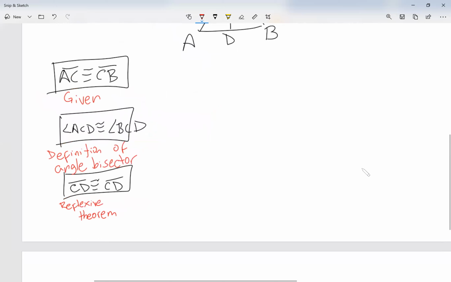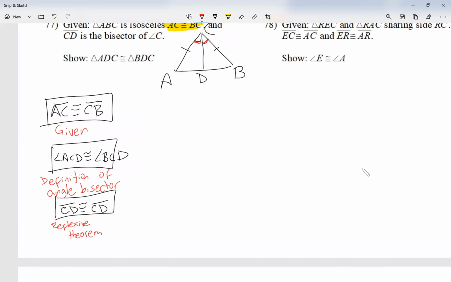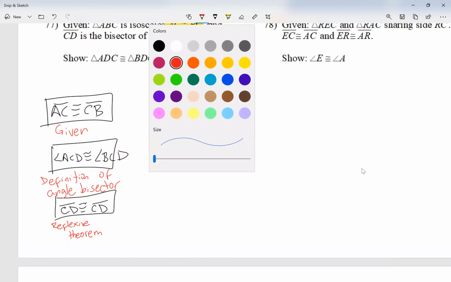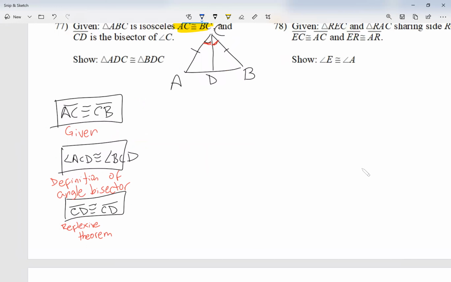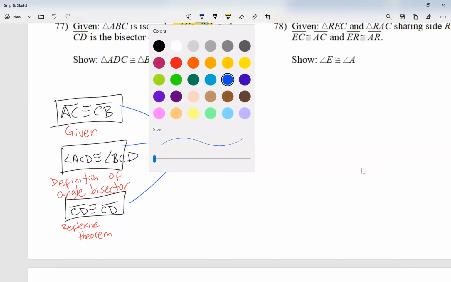As a matter of fact, now let me mark this right here, this side in the middle. Now, I'm going to use these three statements, right? Because I already marked it. I'm going to combine them into one thing, the one thing I'm trying to prove.